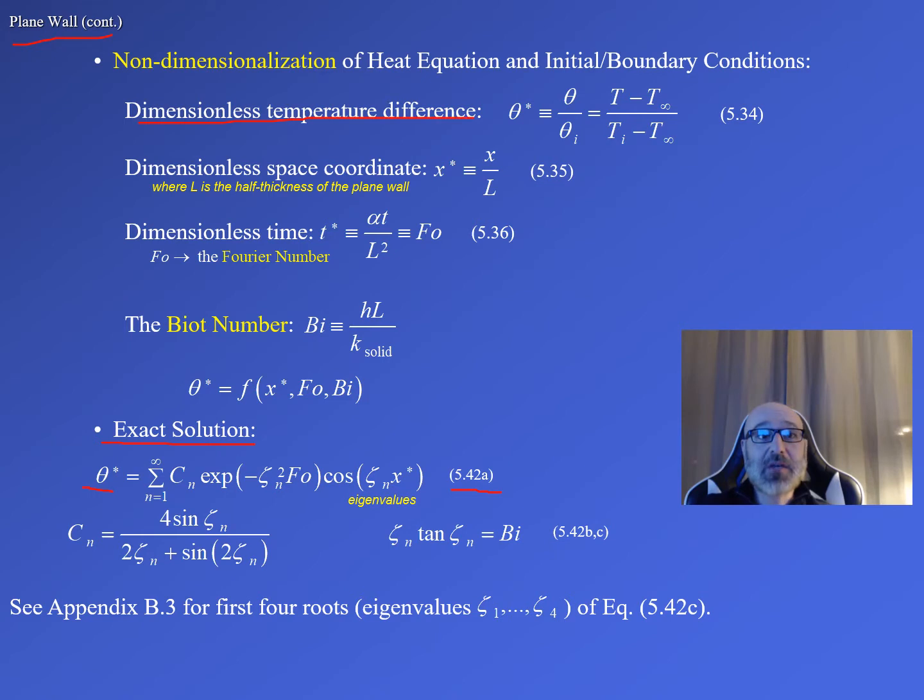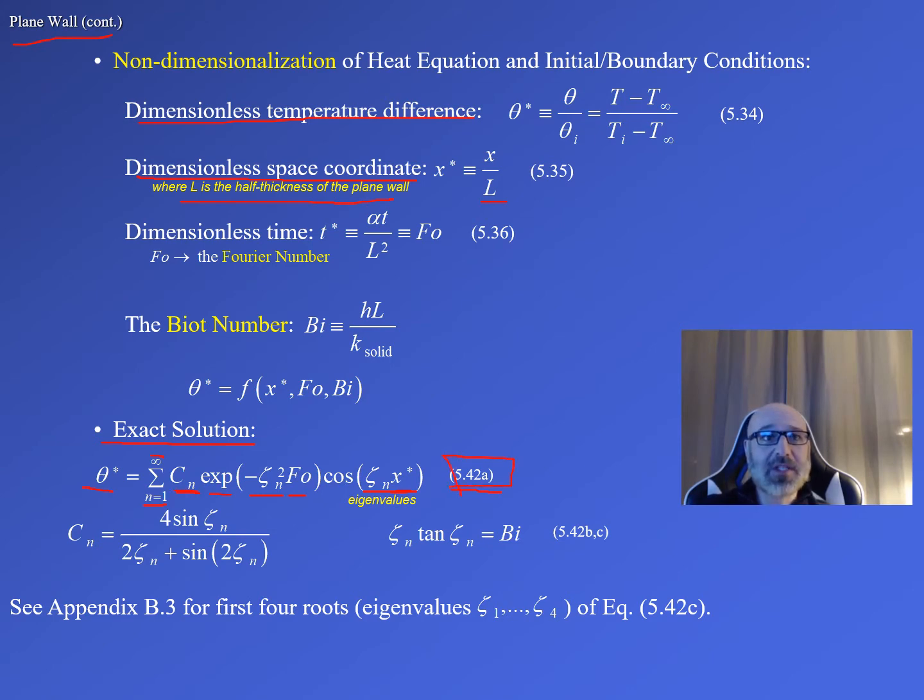This is equal to the summation from n equals 1 to infinity of C sub n times the exponent of negative eigenvalue squared times our Fourier number, times the cosine of our eigenvalue times our x star. Again, x star is our dimensionless space coordinate, we're still dealing with our plane wall, and L is the half thickness of that plane wall as we plug in for x star. That makes up our equation 5.42a.